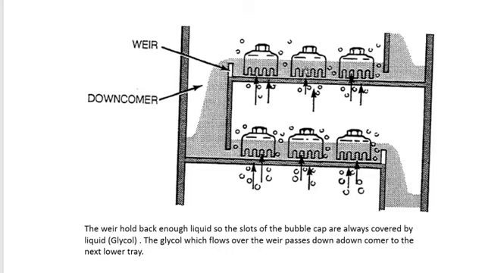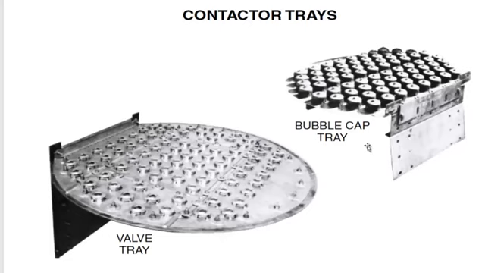The glycol which flows over the weir passes down the downcomer to the next tray. Okay, so the tray has many bubble caps, and this is the downcomer to pass the glycol from tray to tray. Okay.